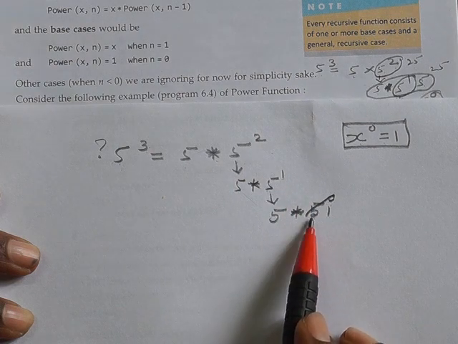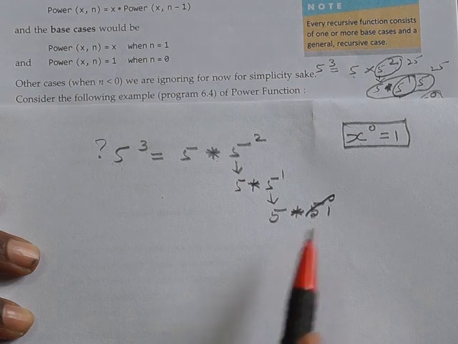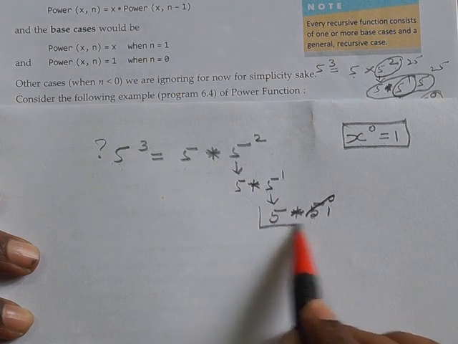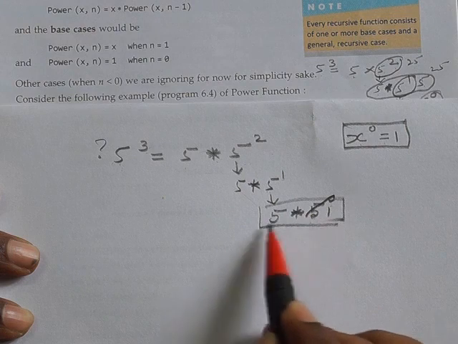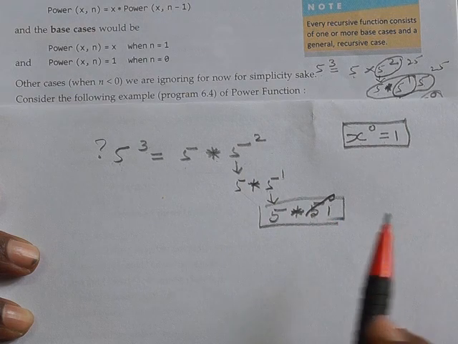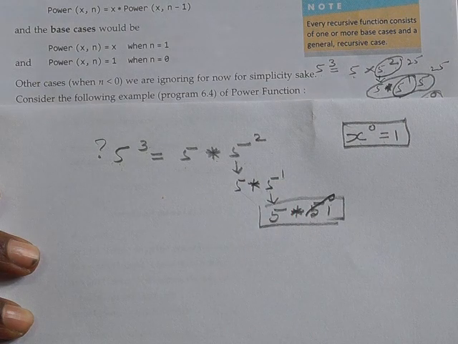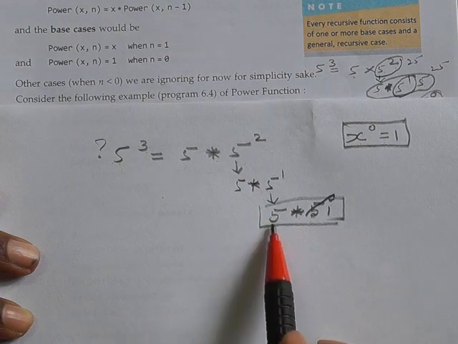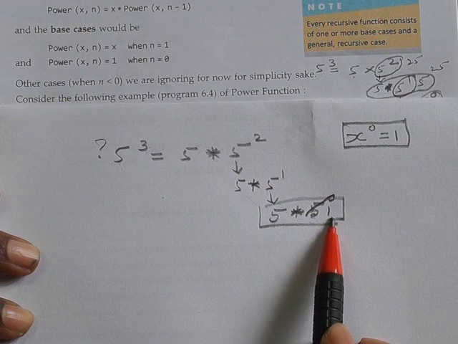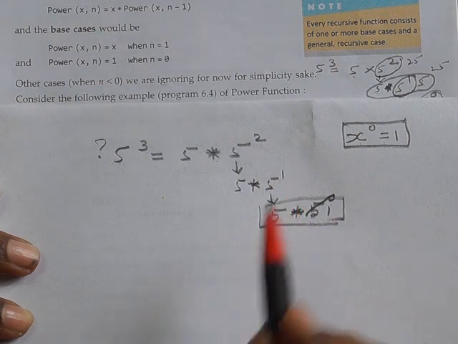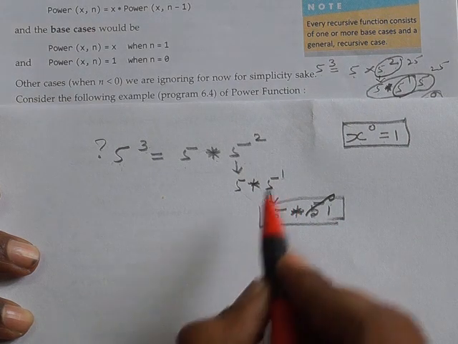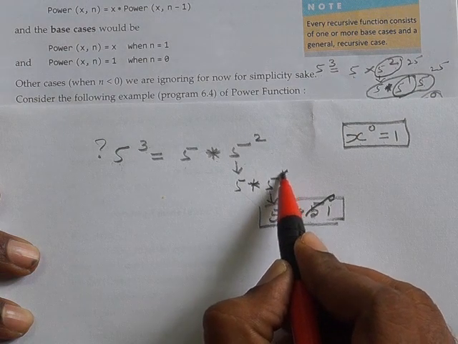Now I find the value 5 power 0 equal to 1, such that 1 5s are how much? 1 5s are 5. Now you tell me what is the value of 5 power 1. Yes, 5 into 1, the answer is 5. So now I strike the value of 5 power 1.